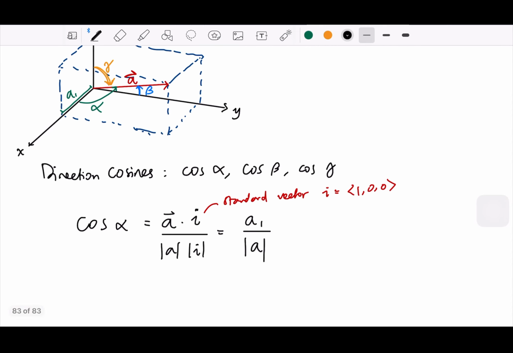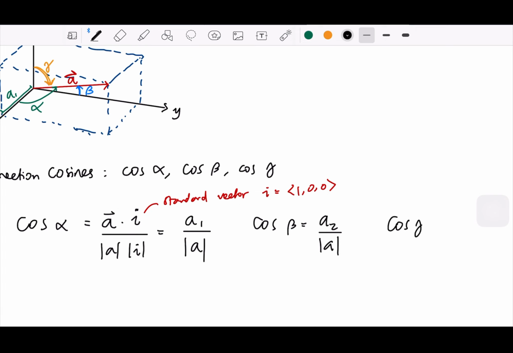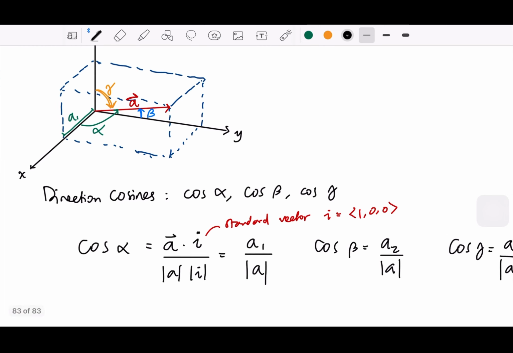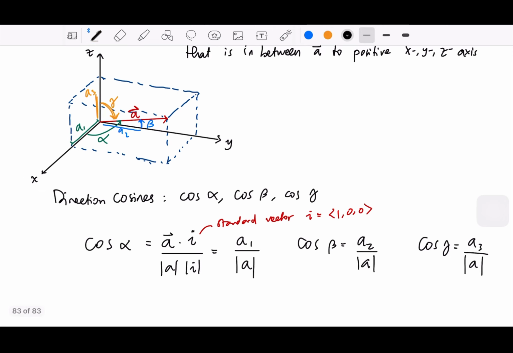And then the same thing with j and k for cosine beta. This will become, let's say, A2, and cosine gamma becomes A3. So let's say A2 is here, and A3 is here.